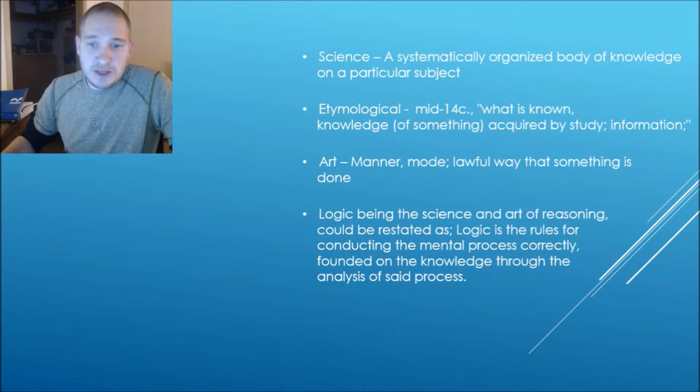So logic being the science and art of reasoning, and originally Mill takes the definition that was used prior, that logic being the science of reasoning, and then he amends it, adding the art part. So logic being the science and art of reasoning could be restated as logic is the rules for conducting the mental process correctly, founded on the knowledge through the analysis of that process.